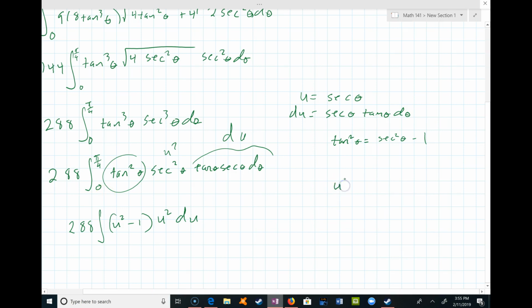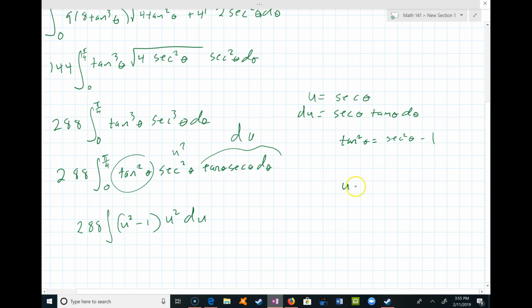So when theta is 0, that would be secant of 0. Well, cosine of 0 is 1, and secant is 1 over cosine, so that would be 1. So that means this is going to be 1 down here.